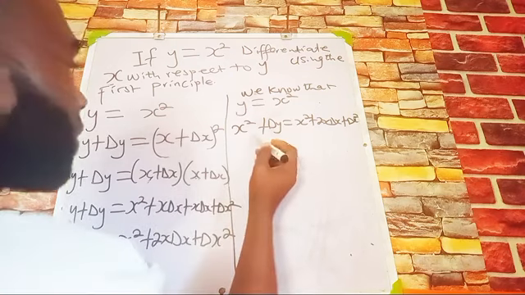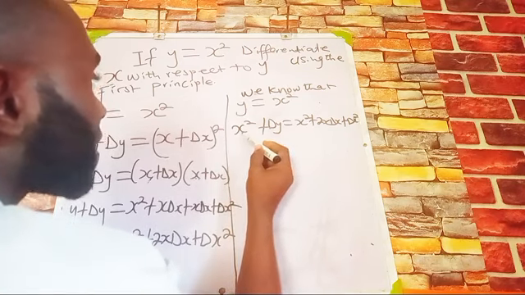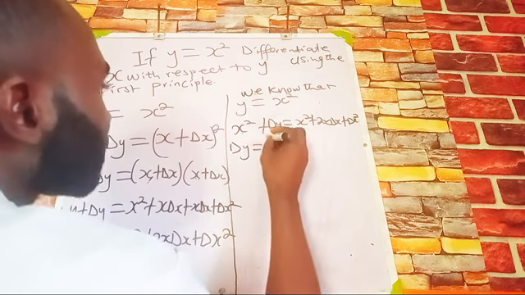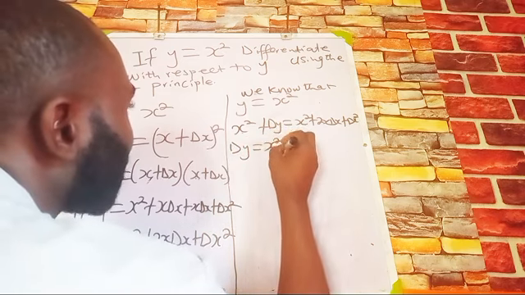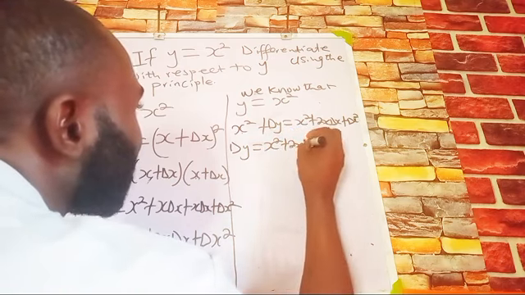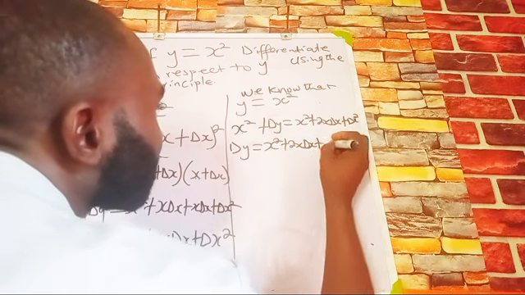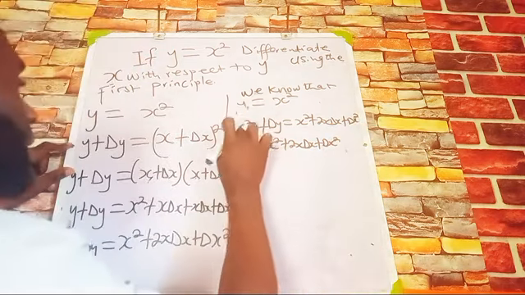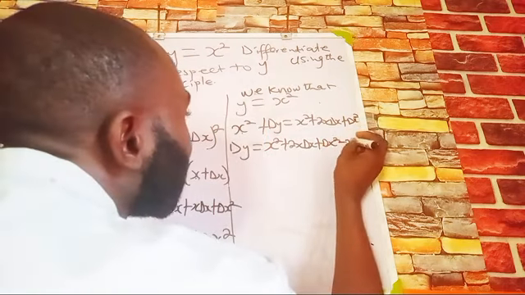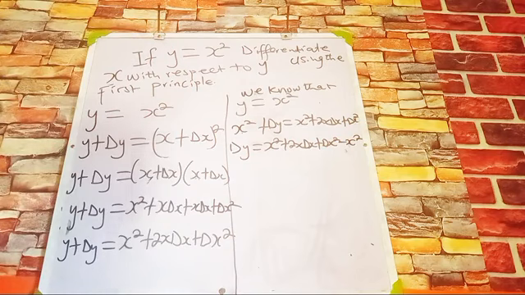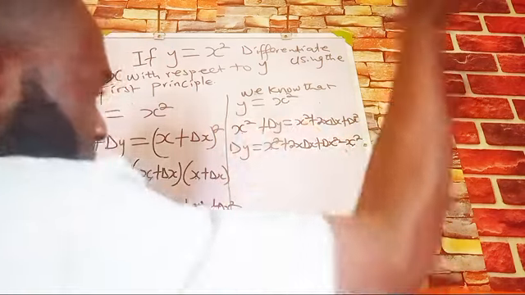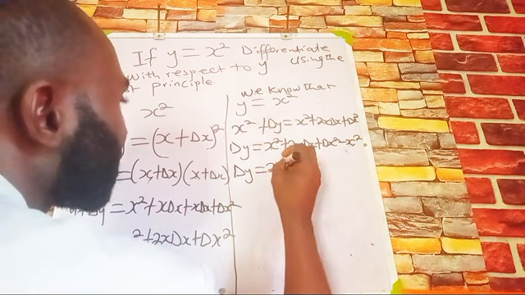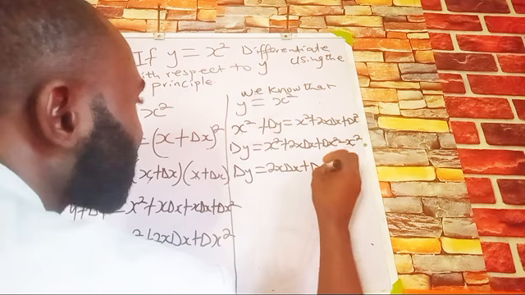So now taking this x squared to the right hand side, we now have dy is equal to x squared plus 2x dx plus dx squared, minus, because when you are taking it, the sign changes to minus x squared. So x squared minus x squared is 0. Now we have dy is equal to 2x dx plus dx squared.